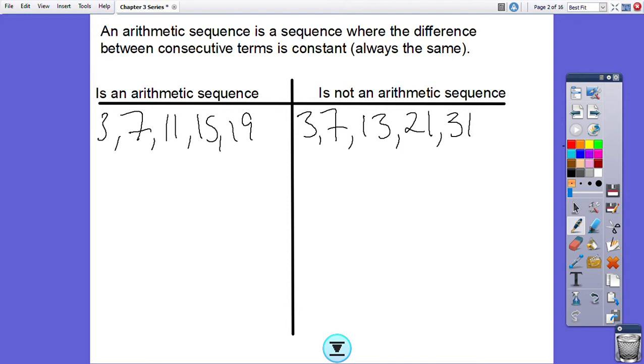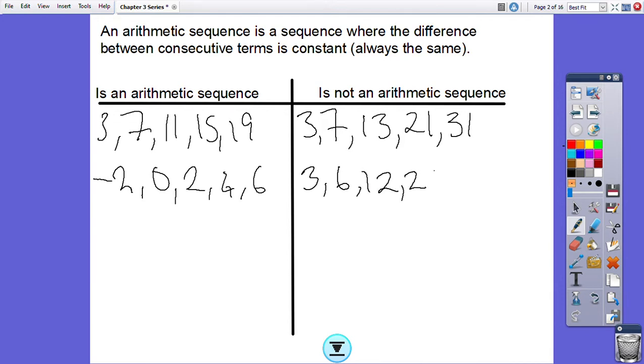Here's another example of an arithmetic sequence where the first term is negative. It's still going up by 2 this time, so it's going up by the same number, so that is an arithmetic sequence. Here is something that is not an arithmetic sequence: 3, 6, 12, 24 and 48.